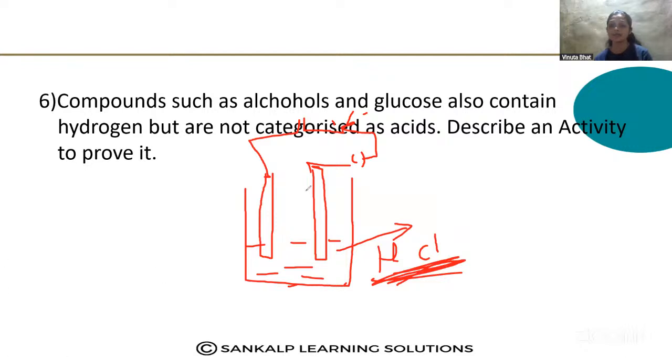This HCl forms H plus ions, and those are responsible for the conduction of electricity, but these alcohols and glucose are not able to form H plus ions, even though they contain hydrogen. So that is the main reason.